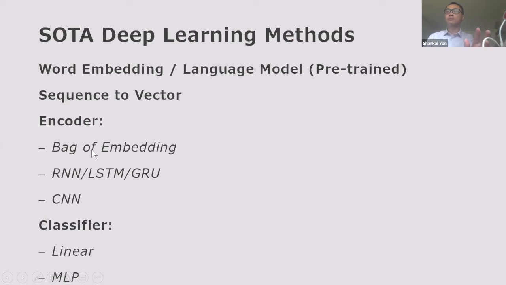Examples are bag of embeddings, RNN, LSTM, and CNN, those kinds of encoders to convert a sequence of text into vectors. And then you can use a classifier like a linear or a feed-forward module to generate the labels, and then do the backward propagation training.